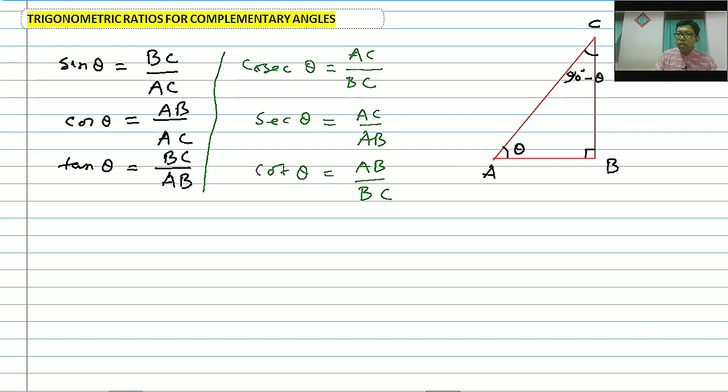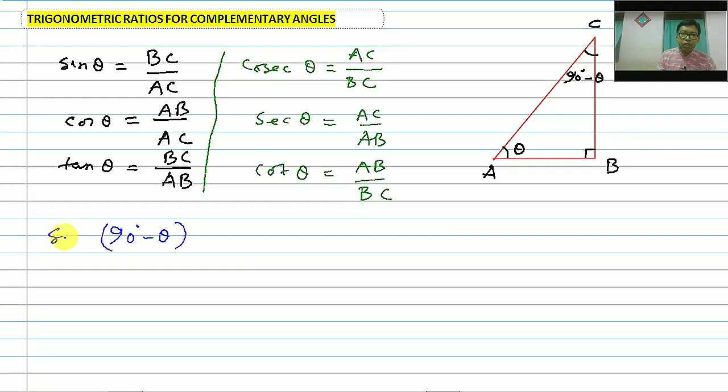So now I shall write the complementary angle and its trigonometric functions. That means if you consider this angle 90 degree minus theta, the first trigonometric function is sine. So sine of 90 degree minus theta.